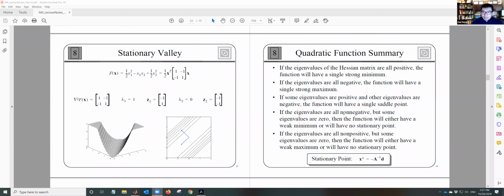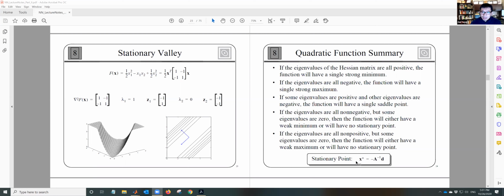If you have all non-negative, but some are 0, then the function either has a weak minimum or no stationary point. If all eigenvalues are non-positive, some are 0, then either a weak minimum or no stationary point. And the stationary point is x star equals minus A inverse D.